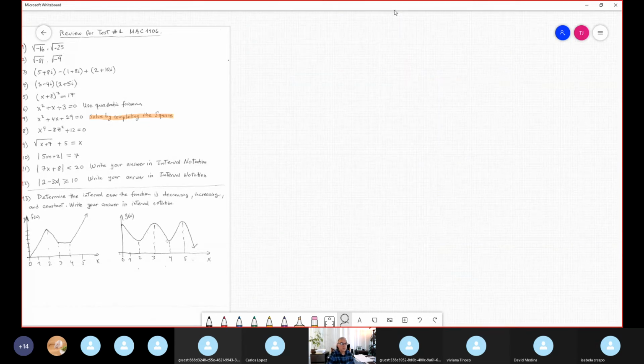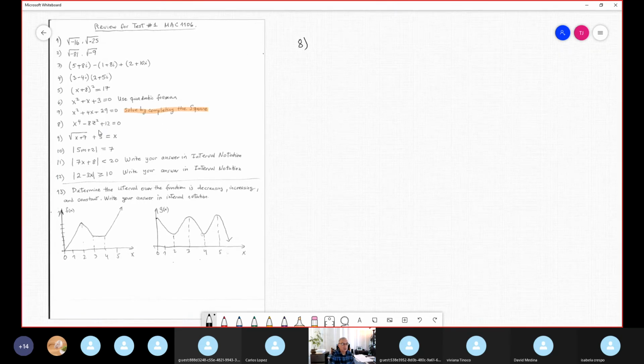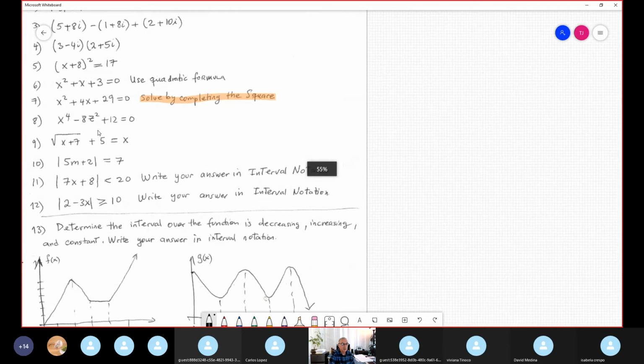Boom. Okay, number 8 is a classical example of an equation that, by the way, is a little bit wrong. Okay, it's x squared minus 8x, x to the 4th power, sorry. It's the same variable, not x like that.